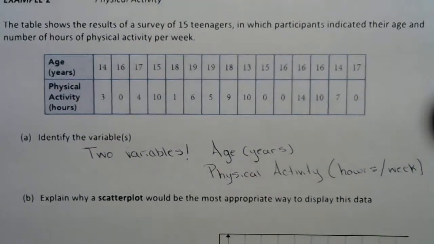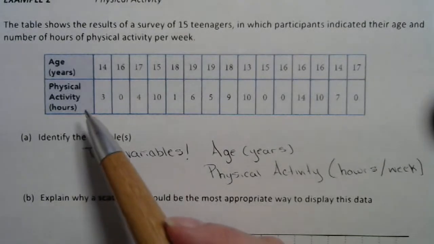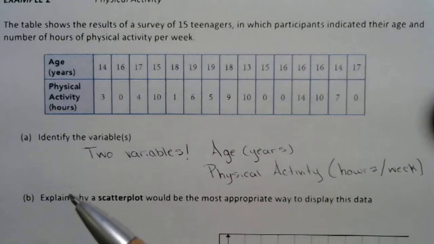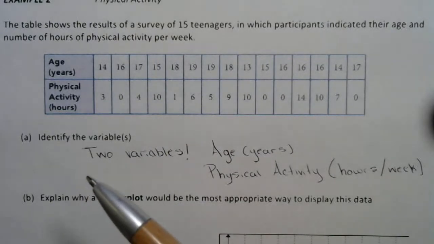What you want to think about is, what does independent mean? Independent means it doesn't depend on anything else. So does physical activity depend on age, or would your age depend on physical activity?